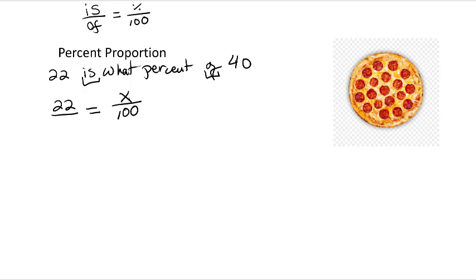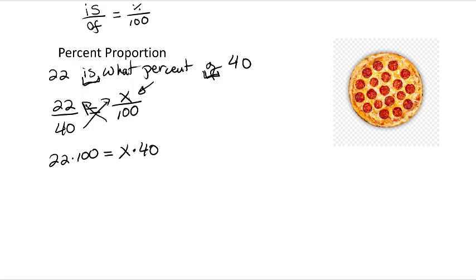So the ratio of 22 to 40, which is the ratio of is to of, is equal to the percentage, which is x, and we will figure out, divided by 100. Let's cross multiply. So we have 22 times 100 is equal to x times 40.